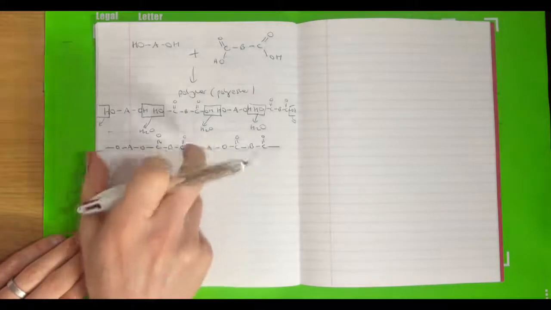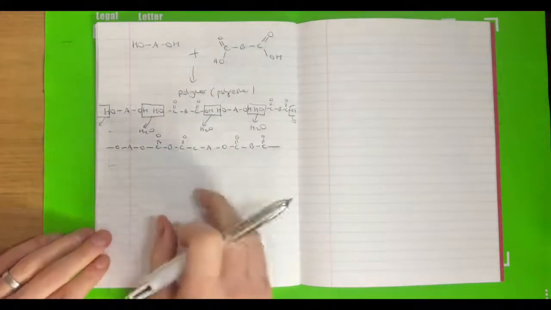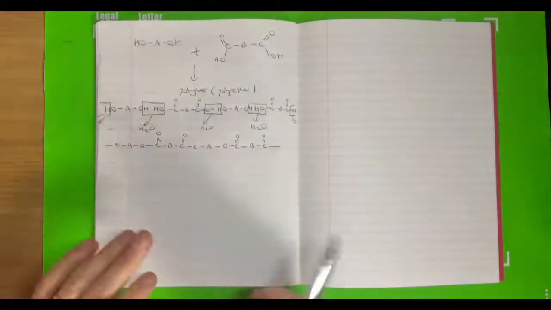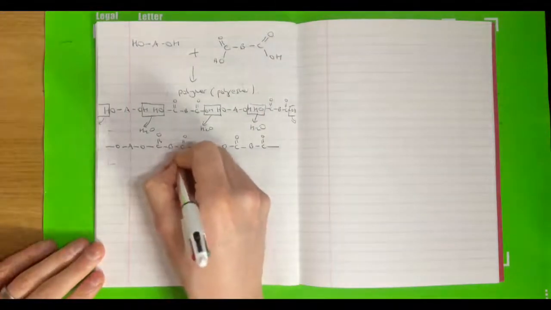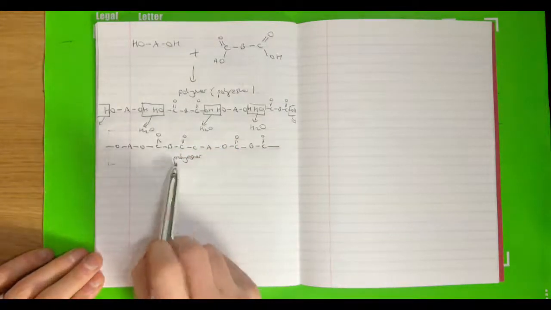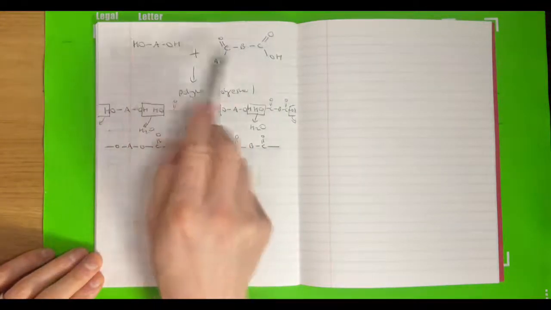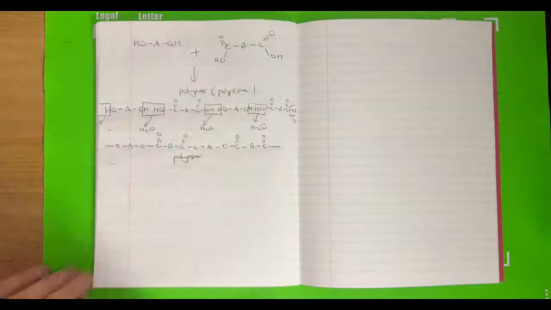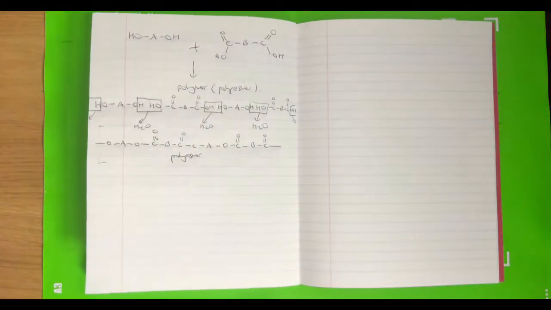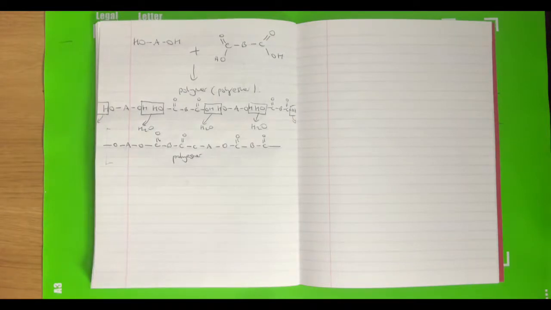So it would be kind of here, okay? But because I've got two repeating units here, then I don't need to draw the square brackets. So what we've got here is a polyester. Now it's not particularly named because A and B are just general alkyl groups. Okay, so we can't actually name this, so we just write polyester in there.